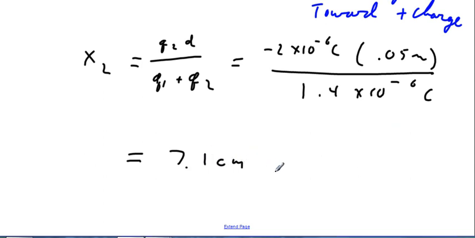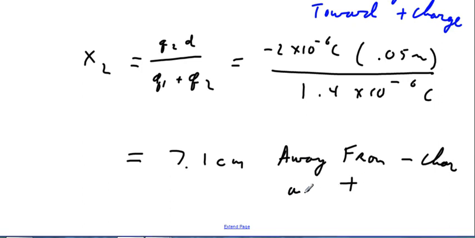And this guy is going to be away from the positive charge and the negative charge, away from the negative charge and positive charge.